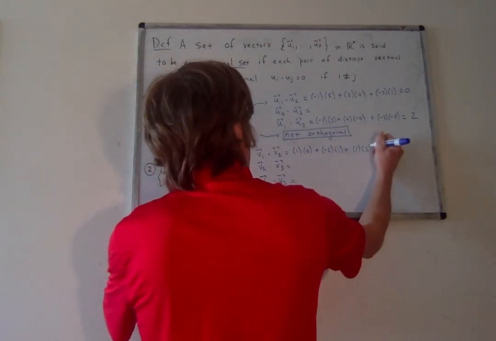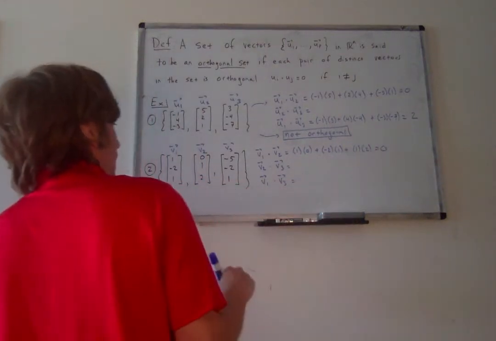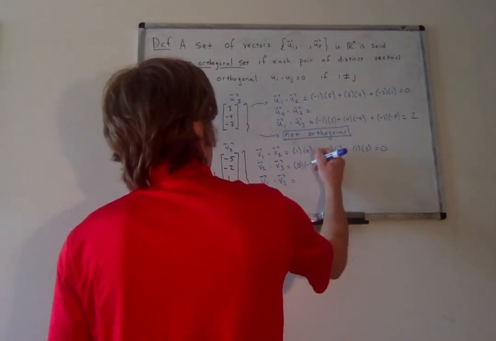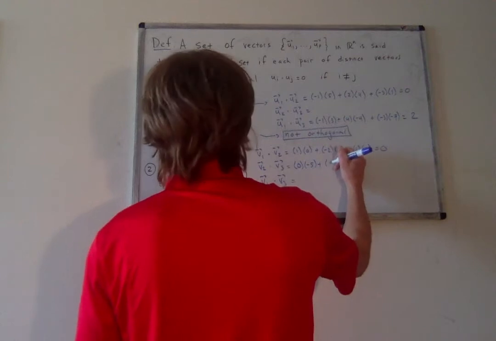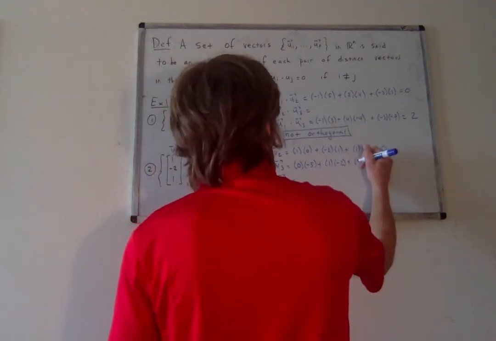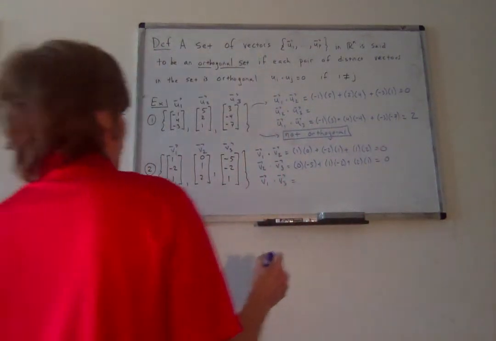That one's pretty easy to see. That's 0, then negative 2, then 2, the same product but negatives of each other. 0 is such a nice number. And then actually the same thing happens with v2 and v3. It's almost like these vectors were defined in a way to make them orthogonal.